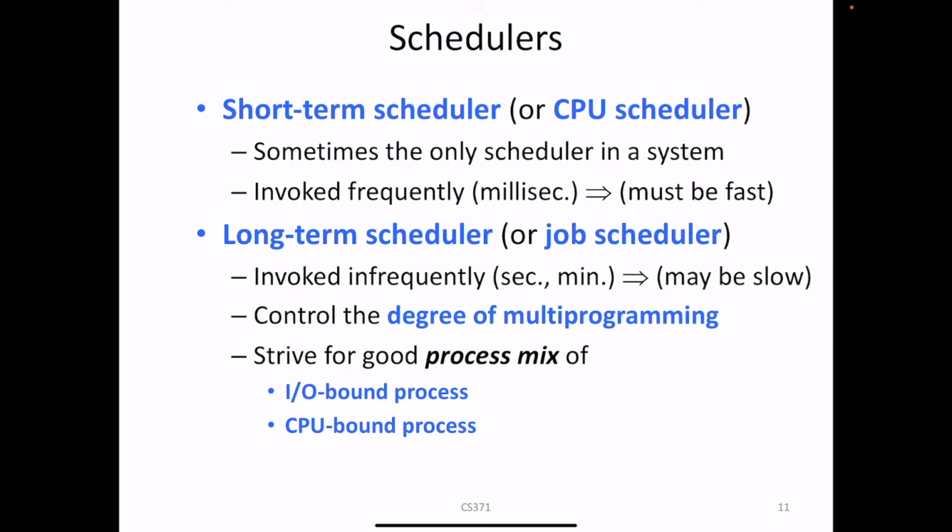So the CPU is kept busy, and the I/O devices are idle. In order to improve the performance of a computer system, to keep both the CPU and I/O devices busy, we need to achieve a good process mix, which means loading both CPU bound processes and I/O bound processes at one time.